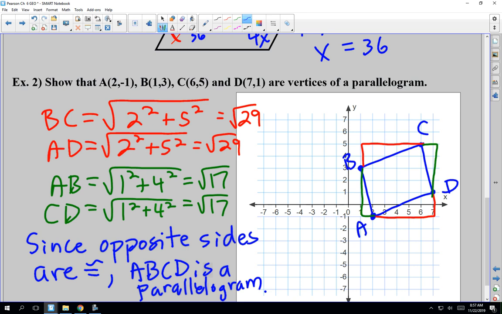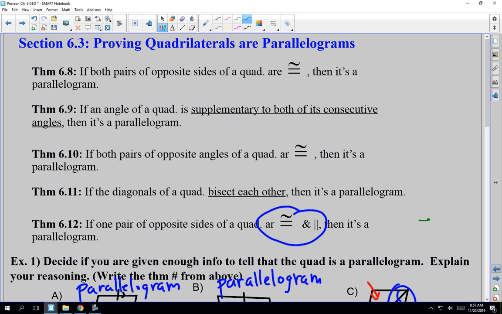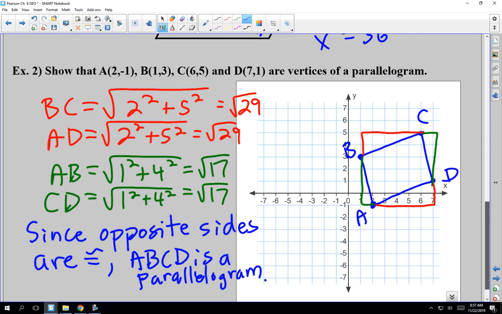But any of these quadrilaterals, you can prove which type it is based on distances, lengths of sides, or on the fact that opposite sides are parallel, things like that. Get all that written down.